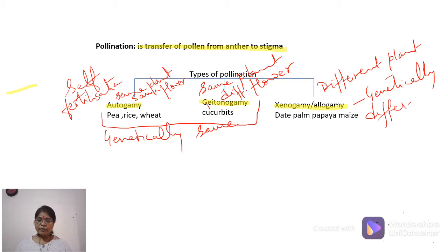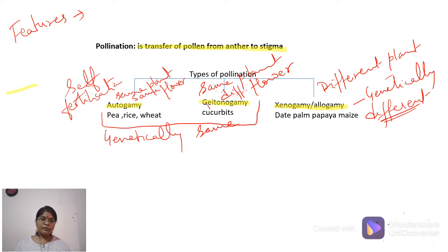Now, what features favor self-fertilization? Let's look at that.